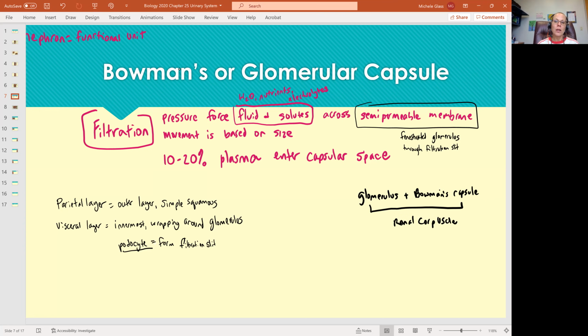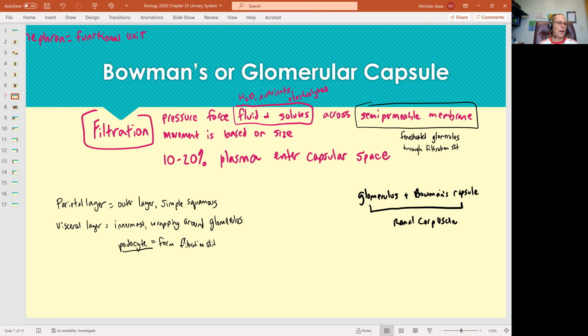So the glomerular capsule is the actual kidney tissue, or we can call it the Bowman's capsule. The glomerulus is the fenestrated capillary that's inside. And then that whole collection of tissue is referred to as the renal corpuscle. So this is really like our starting point for making our urine.